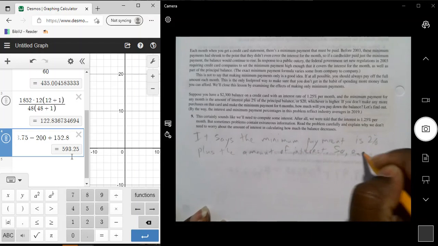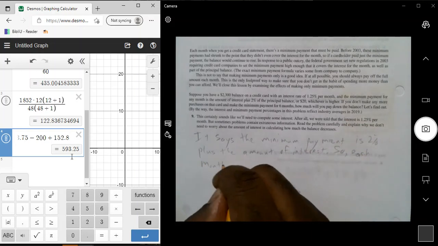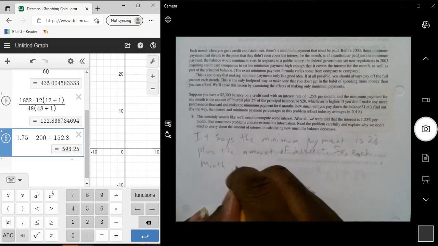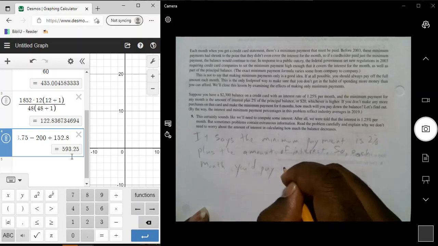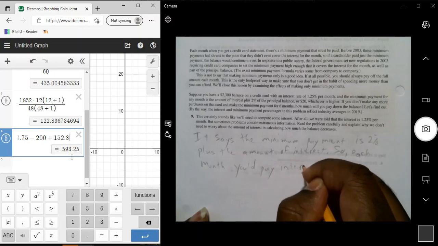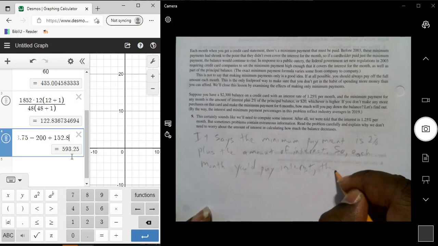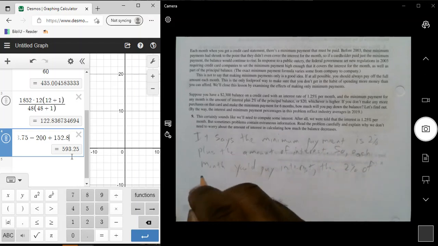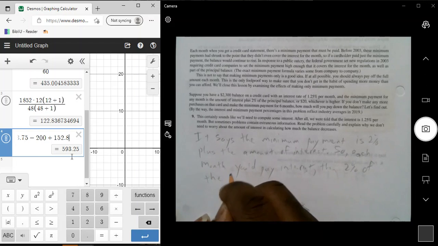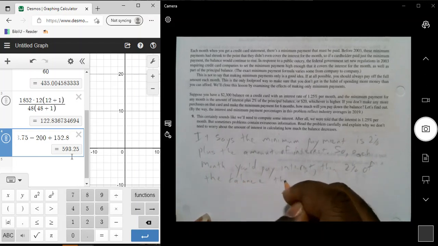So each month you would pay interest, then 2% of the balance that remains.